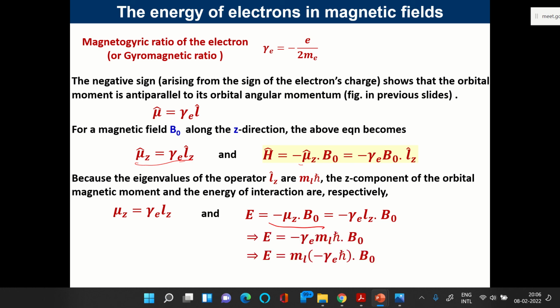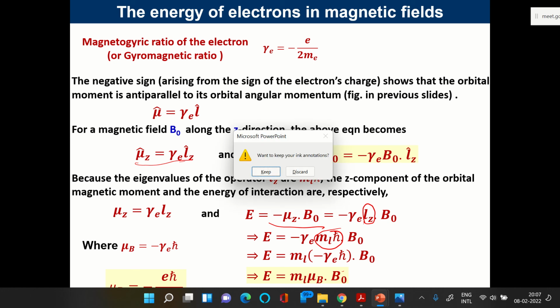So you substitute the value of Lz, which comes from ml h cross, and you have the expression for energy ready.